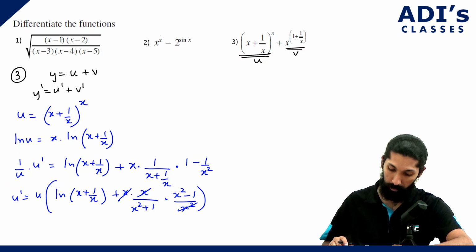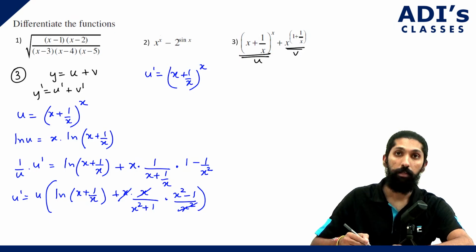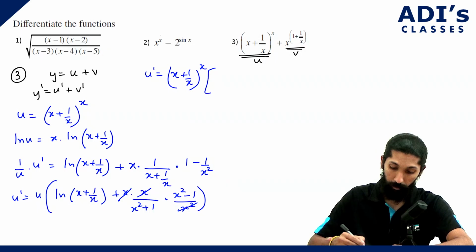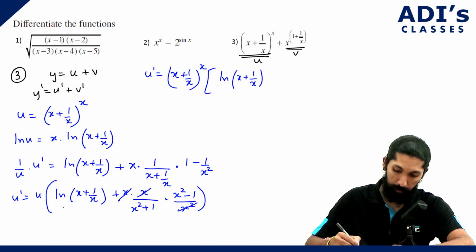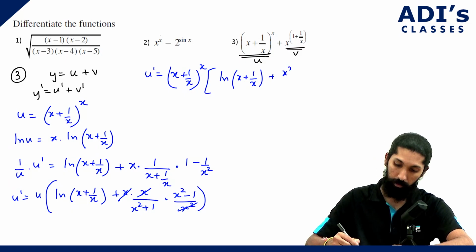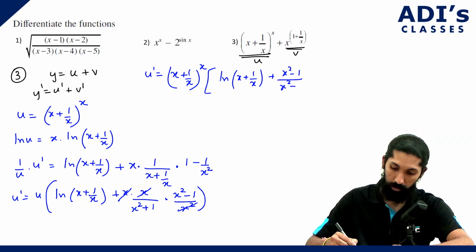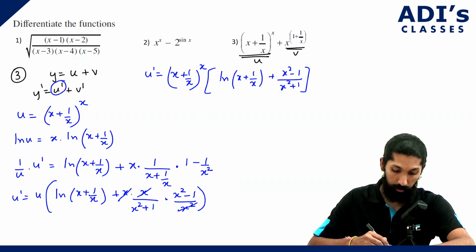So what do you get now? u dash is equal to x plus 1 by x whole power x. That's nothing but the value of u into, so this is going to become log of x plus 1 by x, the first term, plus x square minus 1 by x square plus 1. Correct? Guys, this is just u dash. This is only u dash here.